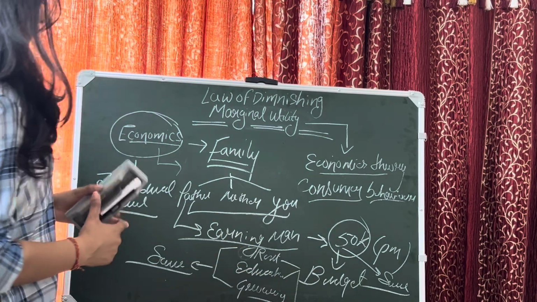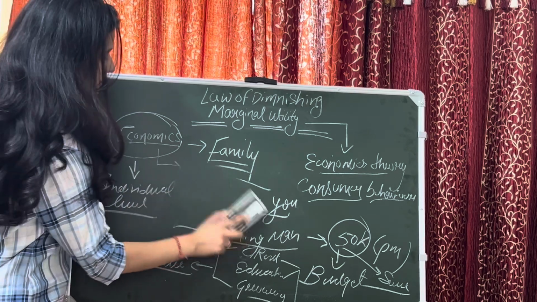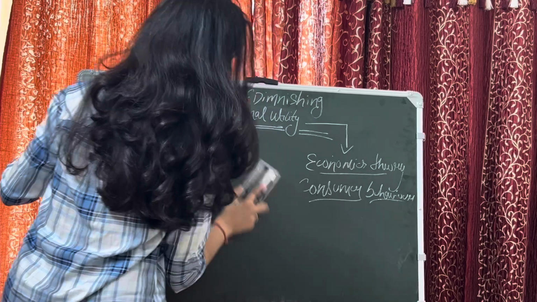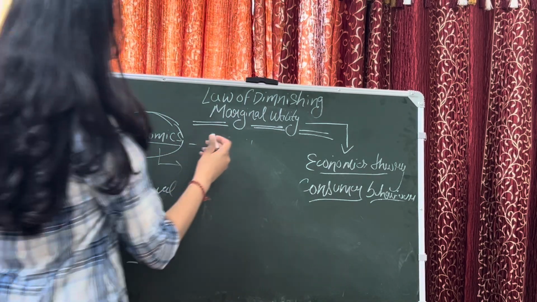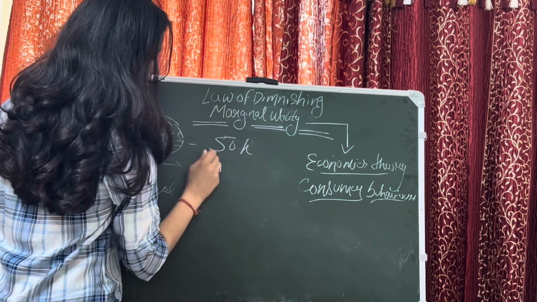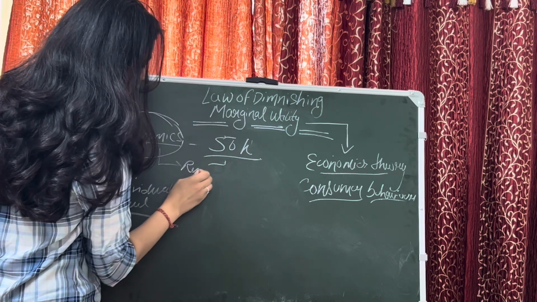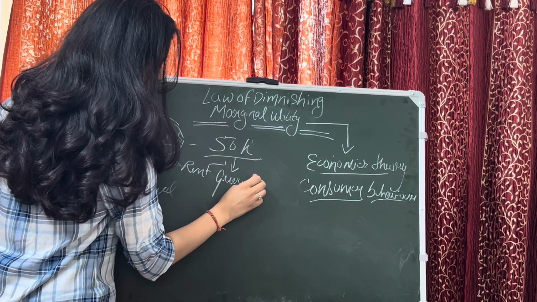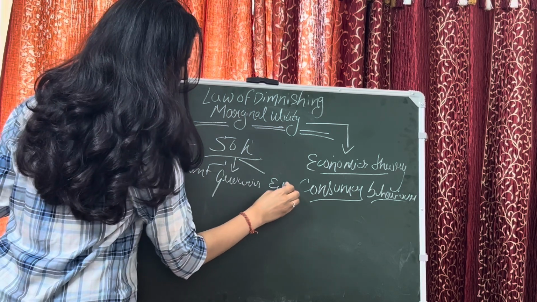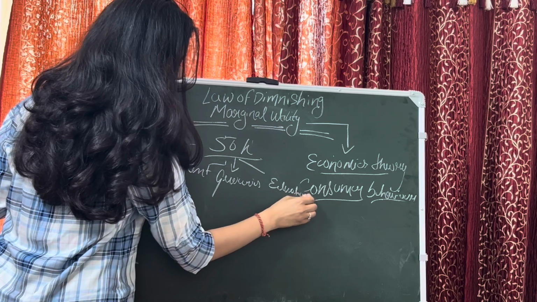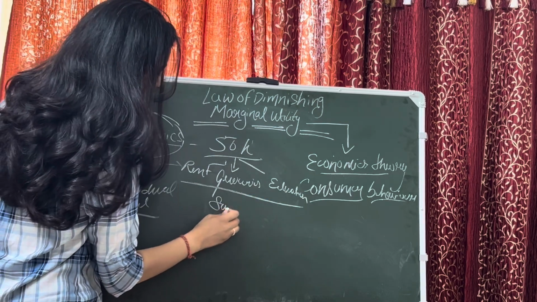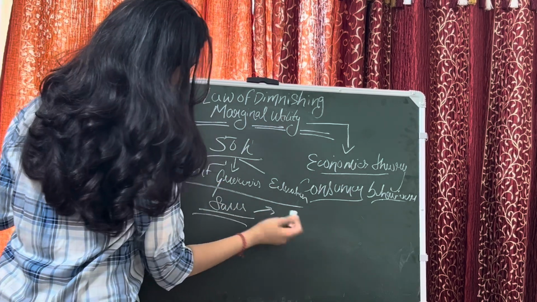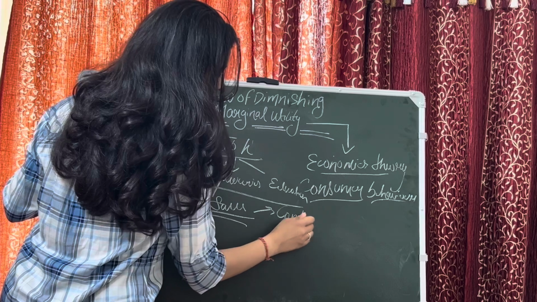So he's earning 50k, paying rent out of it, paying groceries, paying your education fees, and out of all of these he will also save, for contingencies that may happen in the near future.